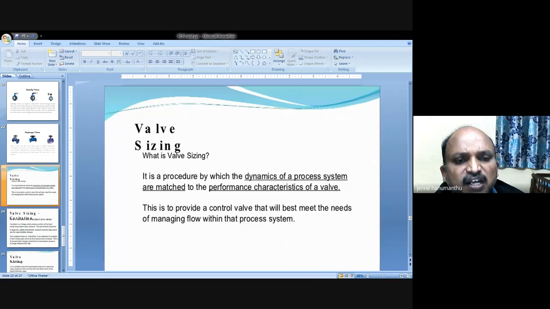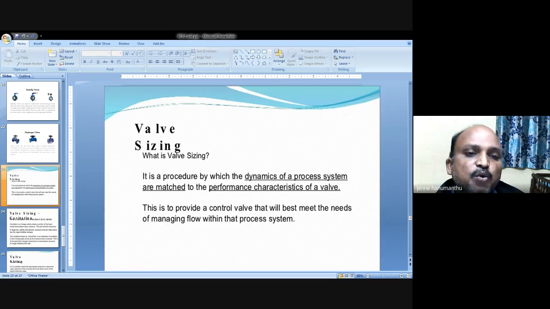There is a general relation between flow rate and velocity of the fluid: Q equals A into v.